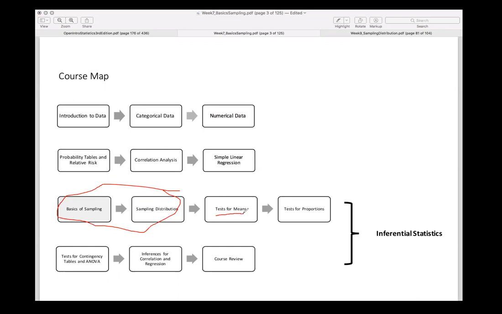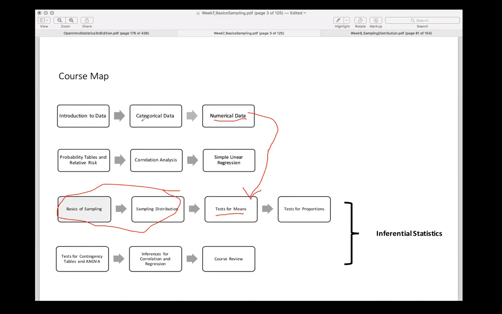We're looking at numerical data analysis, but we're going to try to infer from the descriptive numerical sample to the population. So when we look at the next module, think of it as a revisit of that third homework assignment, that third module, except with inference.